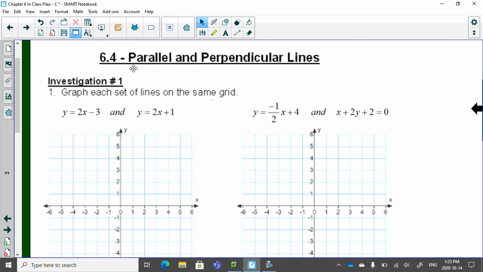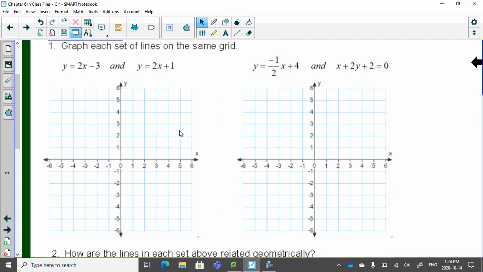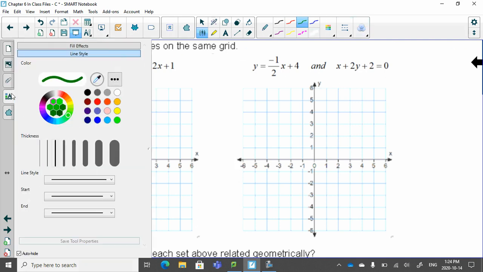Investigation number one. This is on parallel and perpendicular. It says graph each set of lines on the same grid. So we're starting to get good at graphing. Let me start with this line right here, y equals 2x minus 3. We're learning that in order to graph these, we start at our y-intercept, which is -3, way down here.